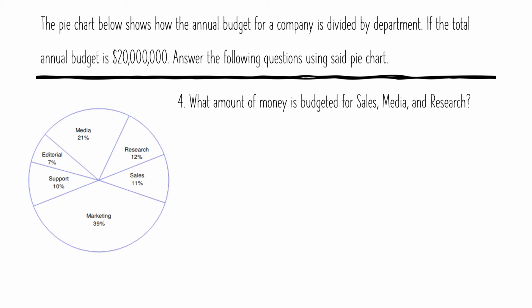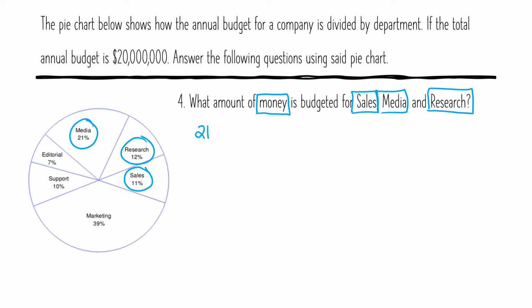Next up, we need to find what amount of money is budgeted for sales, media, and research. So that means we need to add the amount of money for each of these together. So we have sales, media, and research.